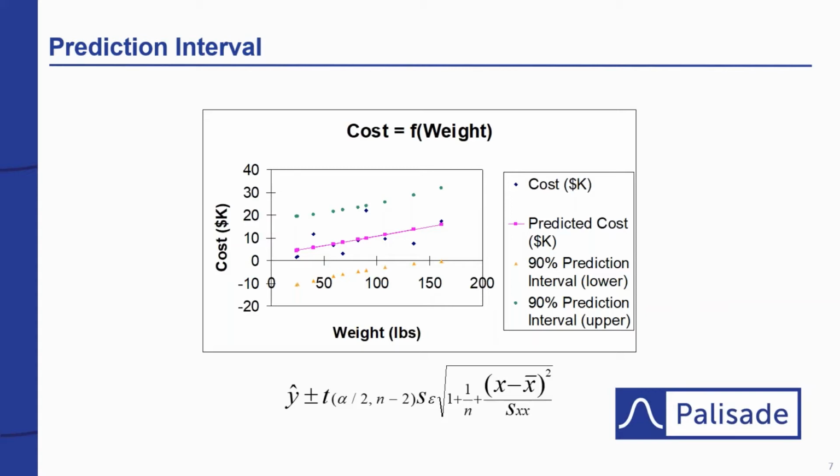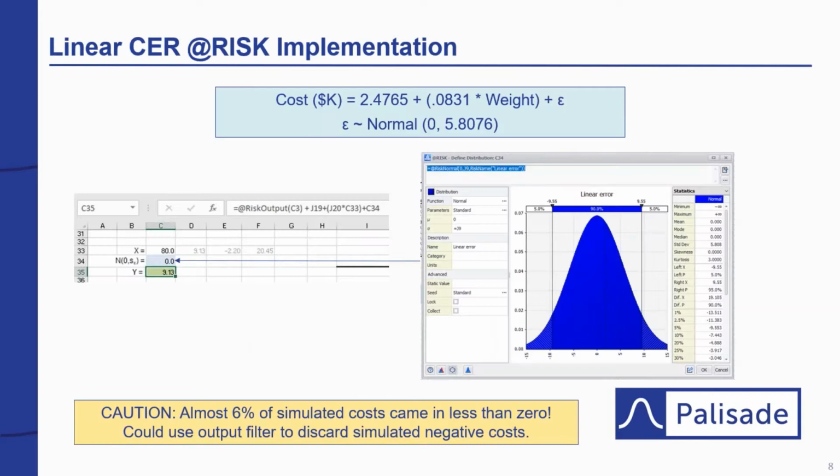They're using the T distribution because of the sample size; that is the formula used to get a prediction interval here. If I wanted to implement this in @RISK, which is a simulation add-in, what I would do, and I'll show you this live in a moment, is take the intercept plus the slope times the weight I want to use, and then add another term, which is that error term we've talked about.